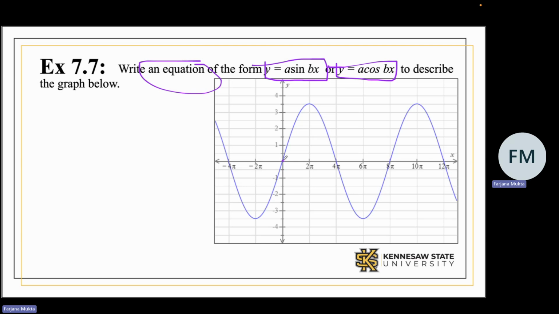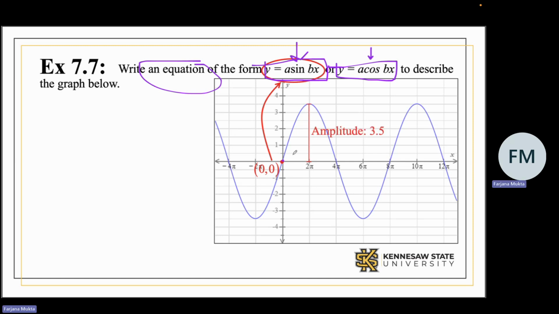So the first thing we'll do is choose the function. Is it sine or cosine? We have seen by the behavior of the graph, it should be sine. Again, it's starting from 0, 0, so it should be the sine function. Then we'll calculate the amplitude.